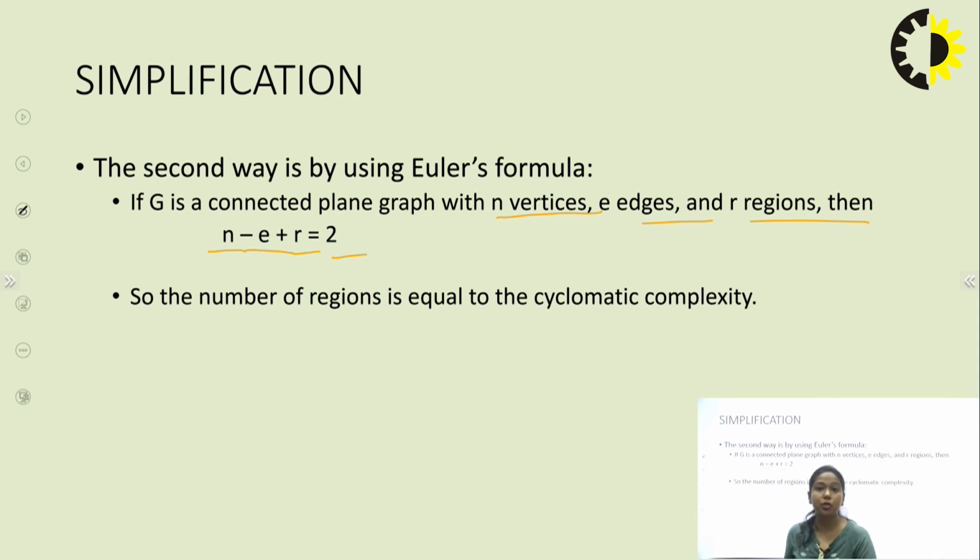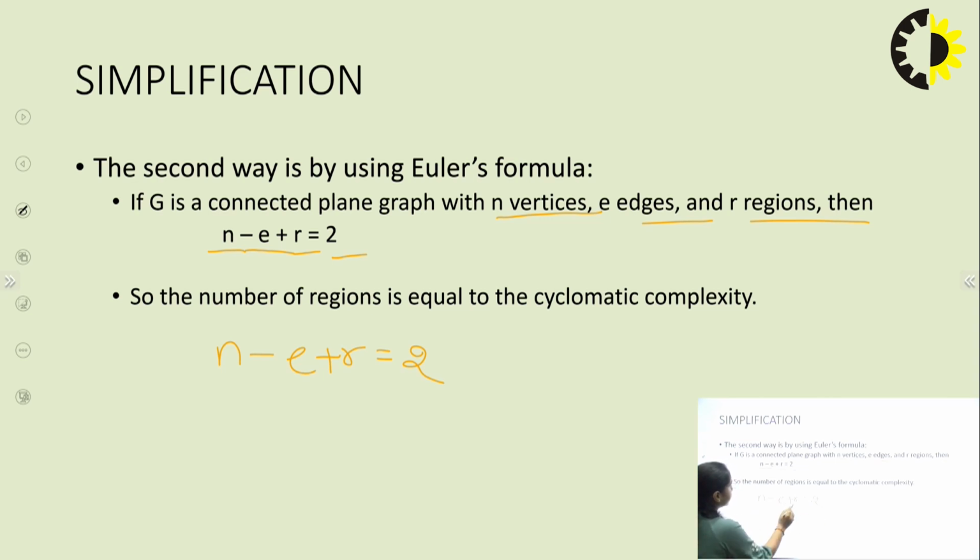That means the value of R will be the same as the complexity value. How will it be done? If I take this equation, n minus E plus R equals 2, recalculated, this will give you the value of the complexity.